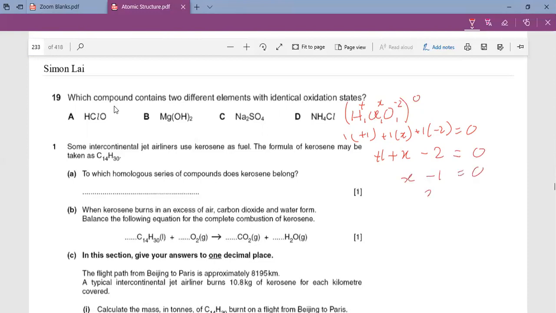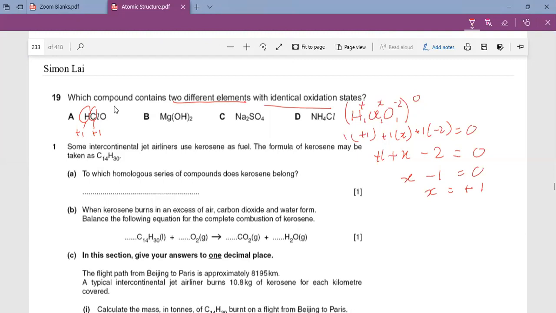So X for chlorine is +1. Hydrogen is +1. Obviously, which compound contains two different elements, hydrogen and chlorine, having the same identical oxidation state.